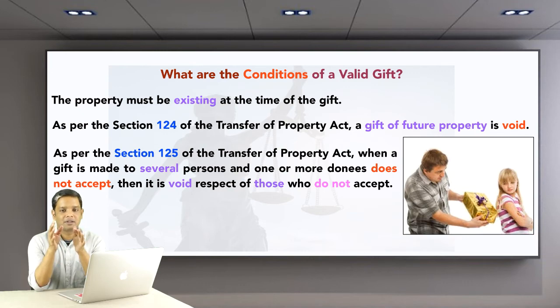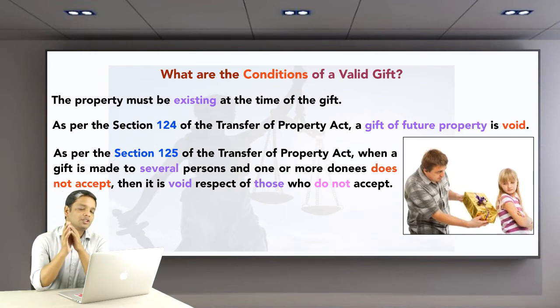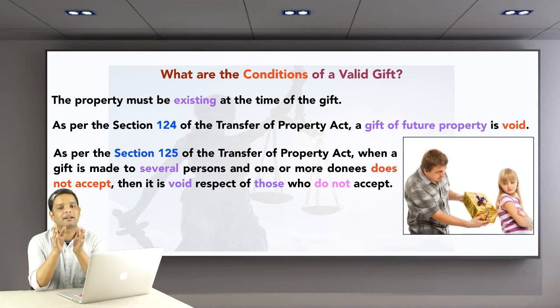The 3 persons will take 1 acre each, and the 2 acres of those 2 persons will be void and will remain with you only. So this is the meaning of section 125. The whole gift won't be void, rather it will be void regarding those who didn't accept it.